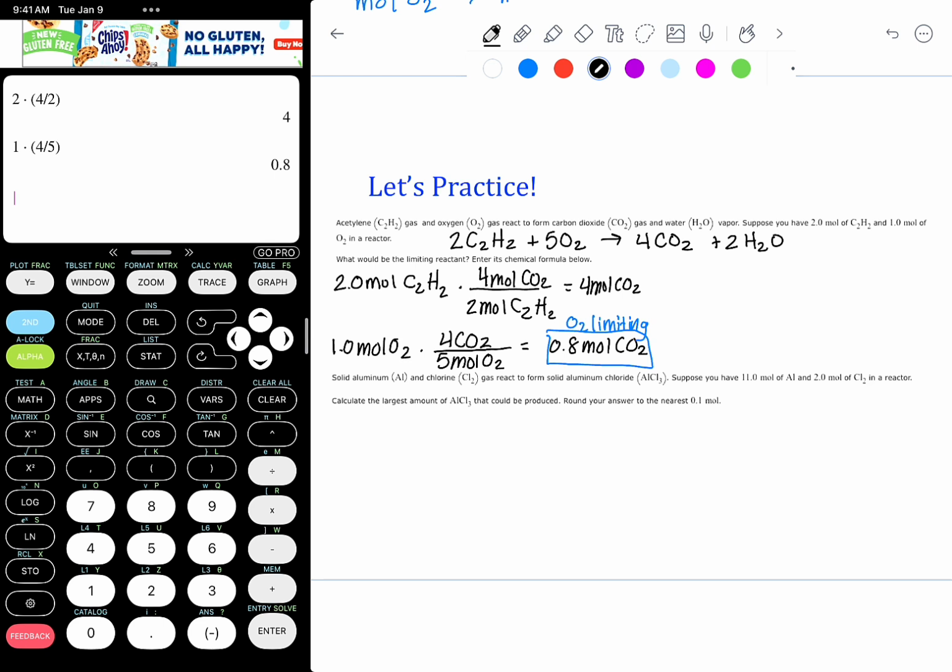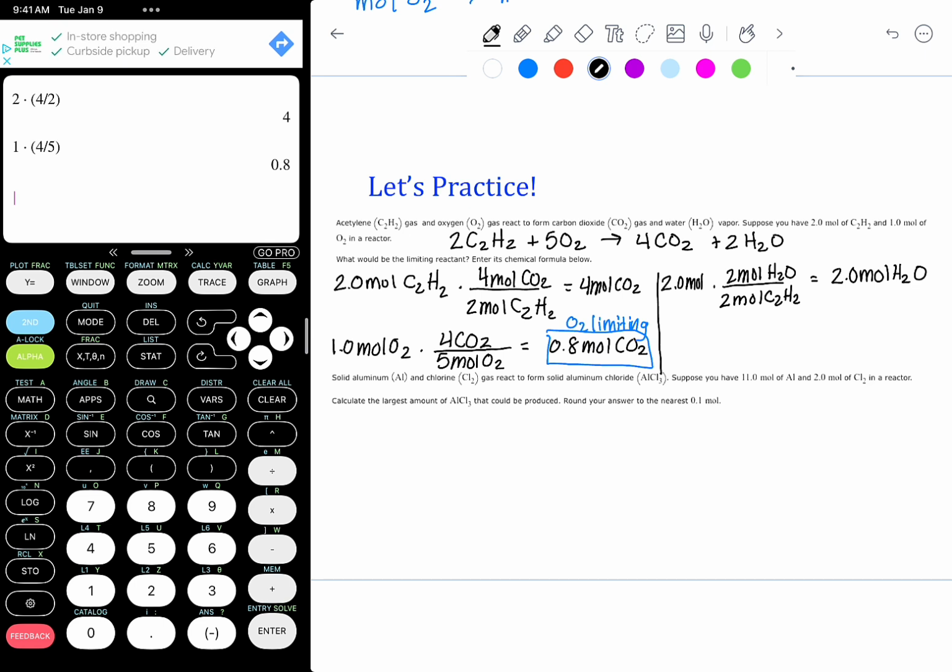Now we can check our work, always good to check our work, and convert it to our other product of water. So we start off again with the same amount of reactant, and now we're going to convert it, instead of CO2, convert it to water. So that's just 2 moles. And then for oxygen, we start again with 1 mole of O2.